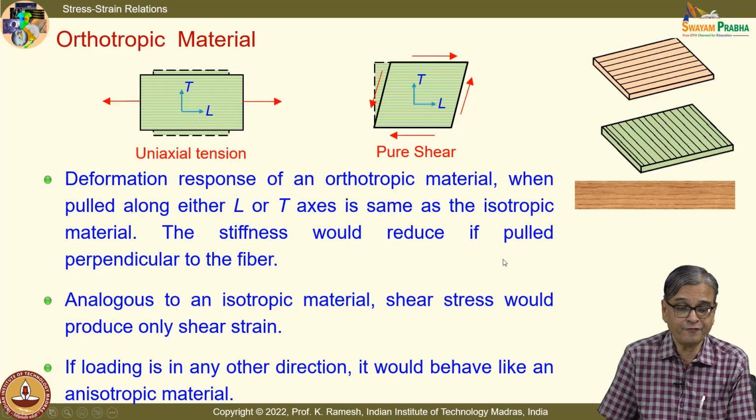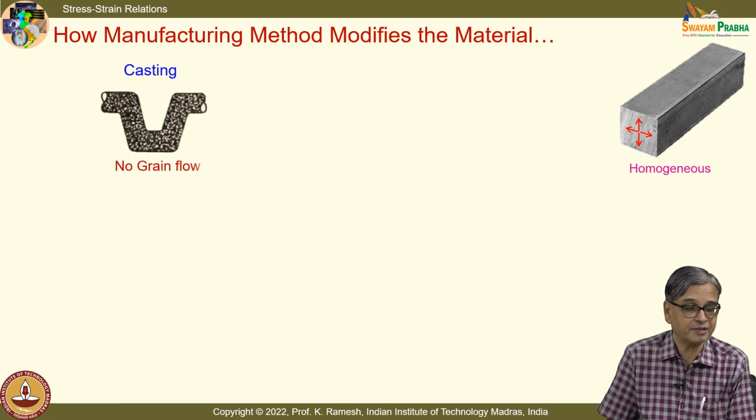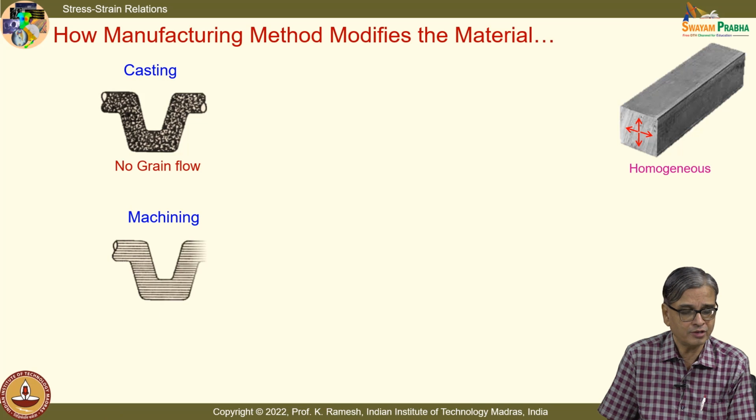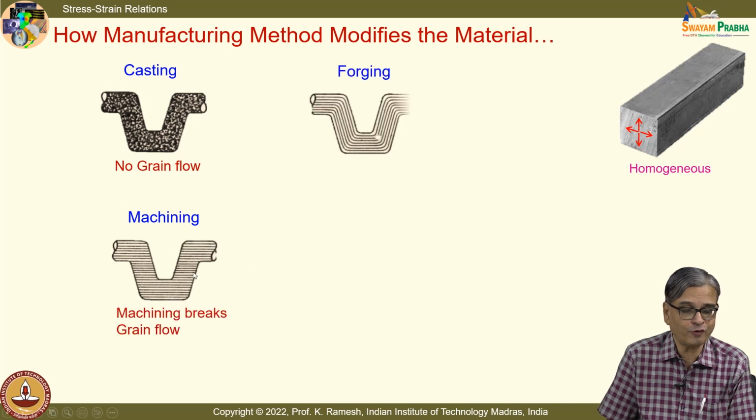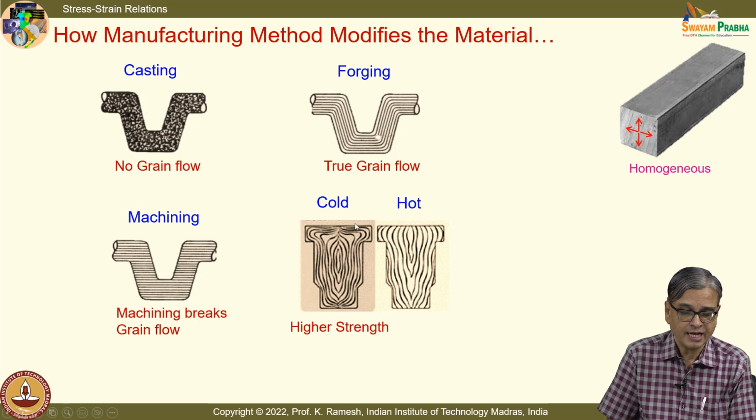And if you look at any of the engineering material processed, I have said that you have a grain flow. In the machining, the grain flow is cut. Forging is the best process, and I can have a hot forging or a cold forging. And when I have a cold forging, I have a higher strength.